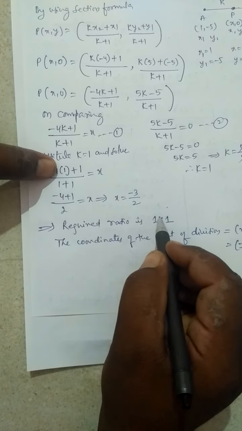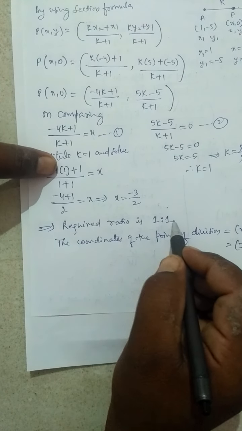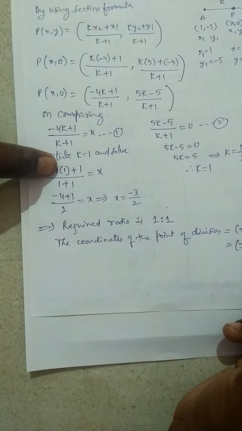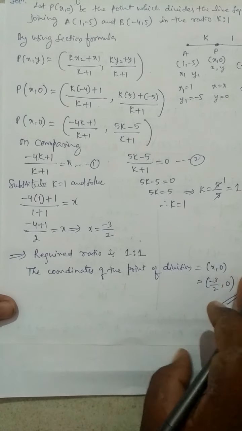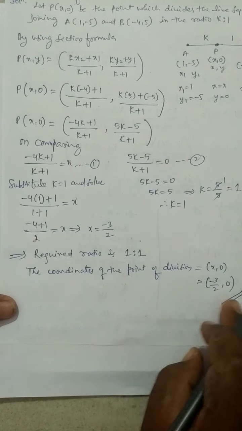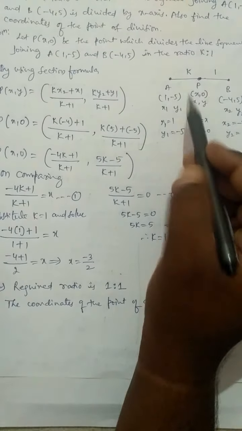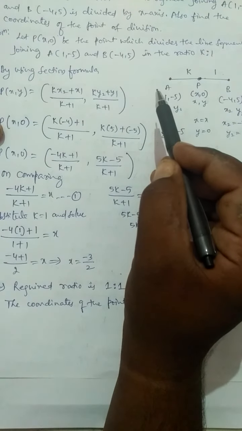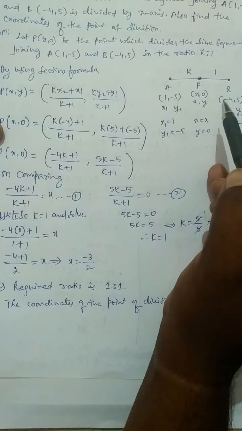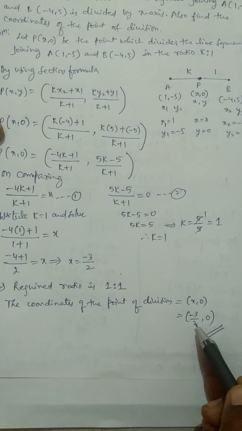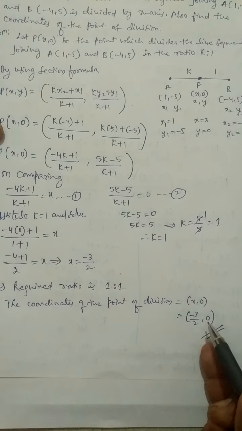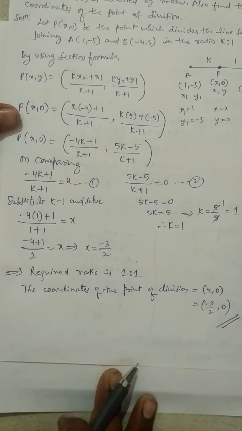K value is 1. For that reason it is 1 is to 1. And here required coordinates on the x-axis is x comma 0, that is x value is minus 3 by 2. For that reason, the line segment joining the two coordinates A and B is going to meet the x-axis at the point minus 3 by 2 comma 0 in the ratio 1 is to 1.